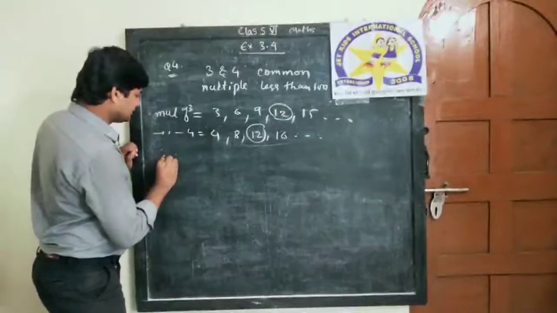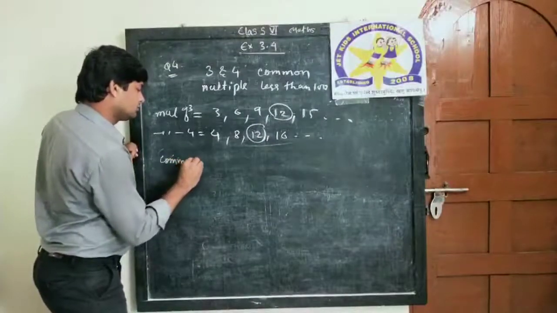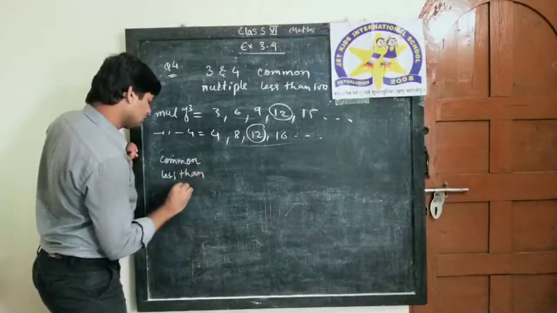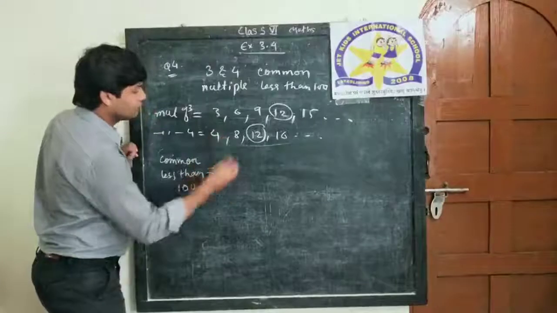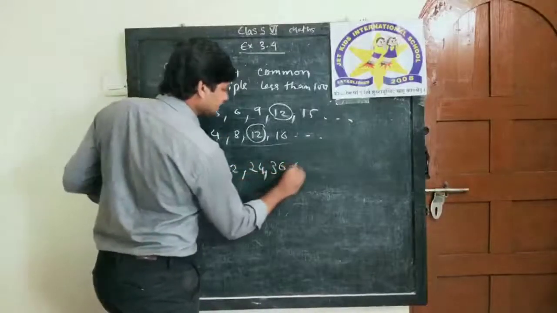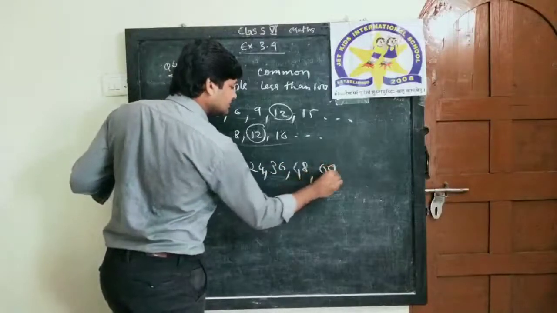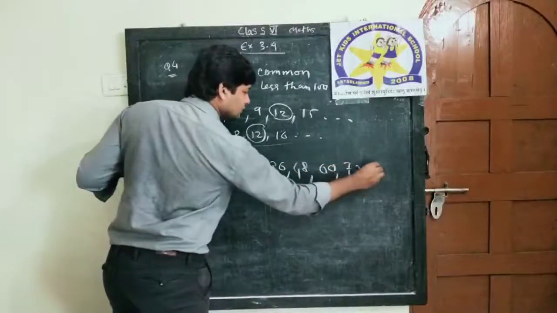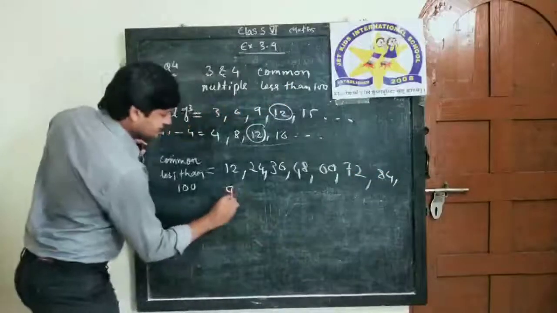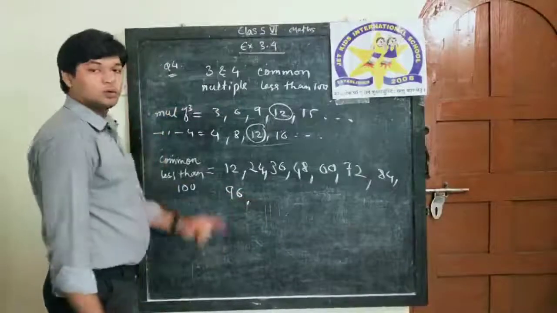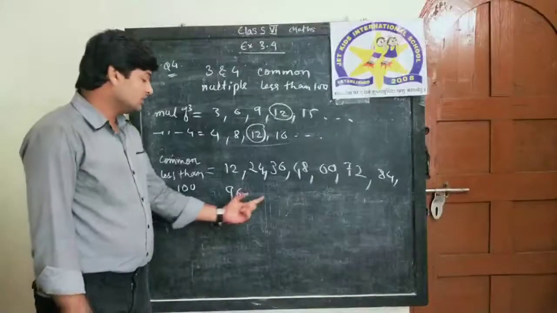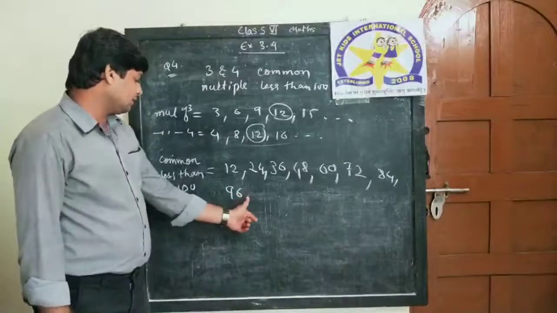So common multiples of 3 and 4 less than 100: 12, 24, 36, 48, 60, 72, then 84, then 96, then how much? 108, but that is greater than 100.